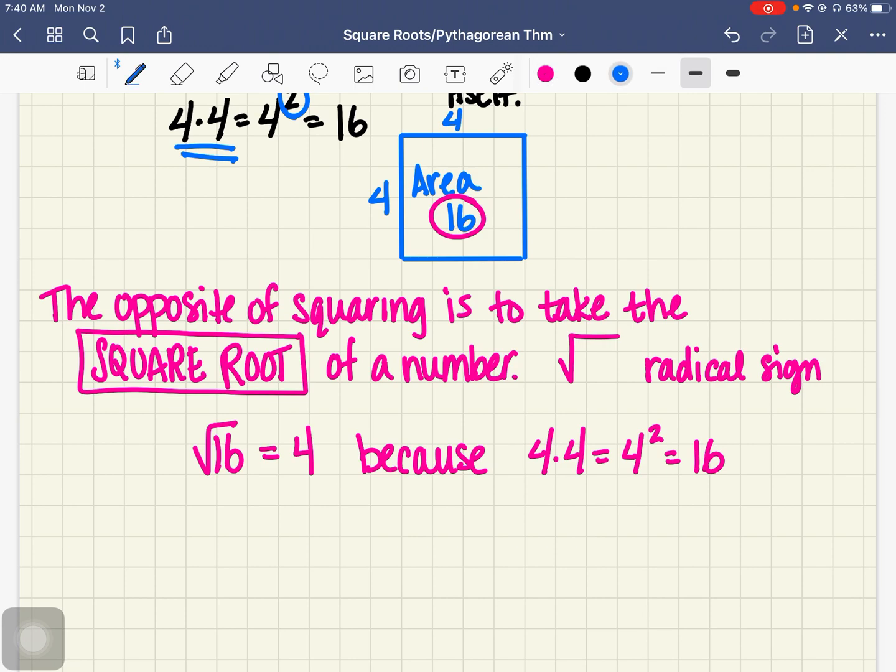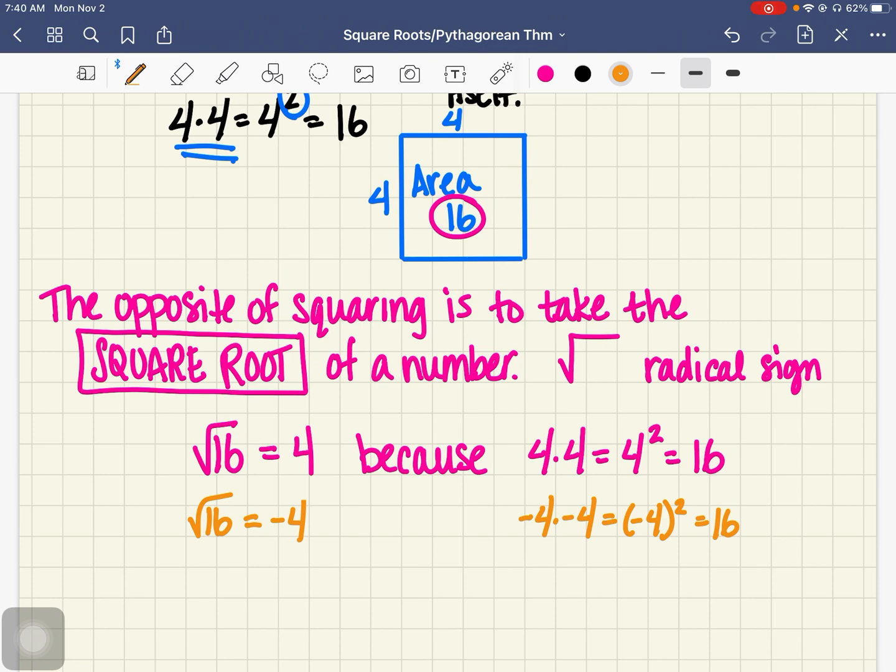Now, some of you guys might be thinking, Miss Perry, but when we talk about negative numbers, couldn't this work for -4? Like -4 times -4, that's -4 to the second power. Doesn't that also equal 16? Because a negative times a negative is a positive, and you would be correct. So how do I know what number to write? Is it 4? Is it -4?